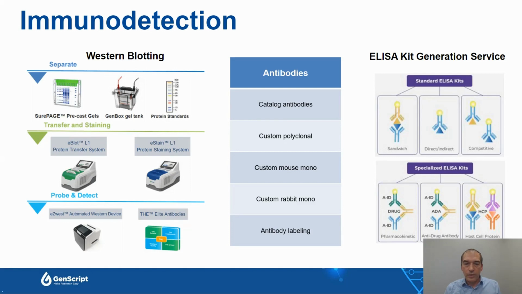We also have Western blotting products. We have the eBlot protein transfer system, which is a very efficient wet blotting transfer. It is fast and easy to use, and at the same time gives you the ability to very efficiently transfer your proteins with wet blotting.